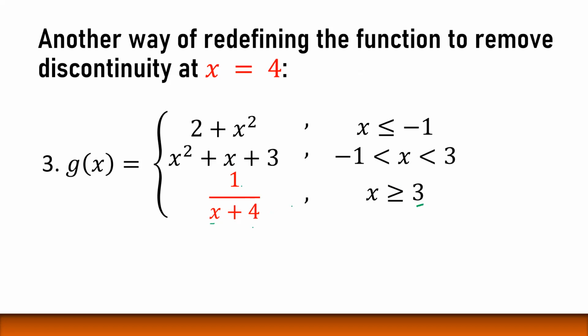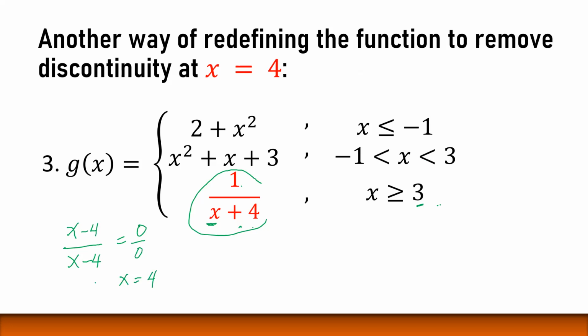Okay? So ayun, hindi mo na siya kailangang i-exclude kasi this will still be 1/8, di ba? 4 plus 4 is 8. So 1/8 pa rin siya even at x equals 4. Okay. So parang tinanggal mo yung fraction na x minus 4 over x minus 4 kasi ito yung nagpapa 0 over 0. Yan yung 0 over 0 at x equals 4.